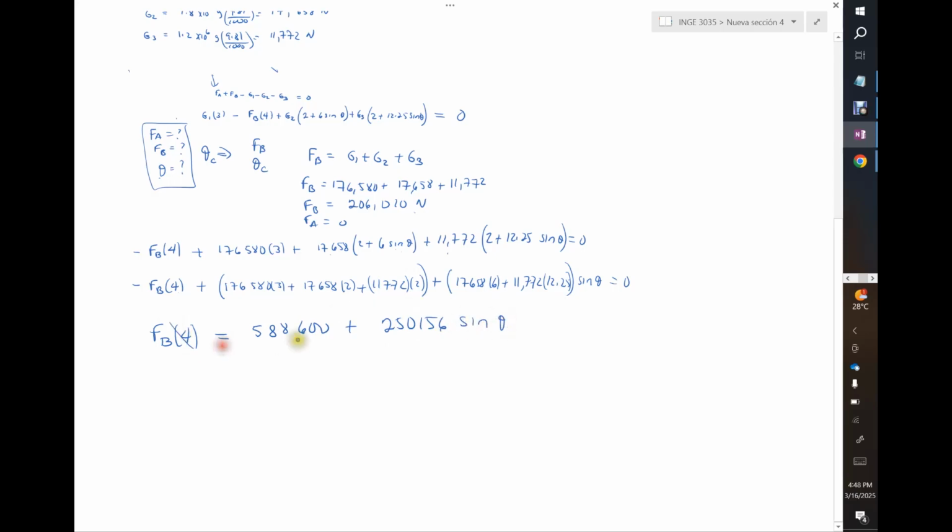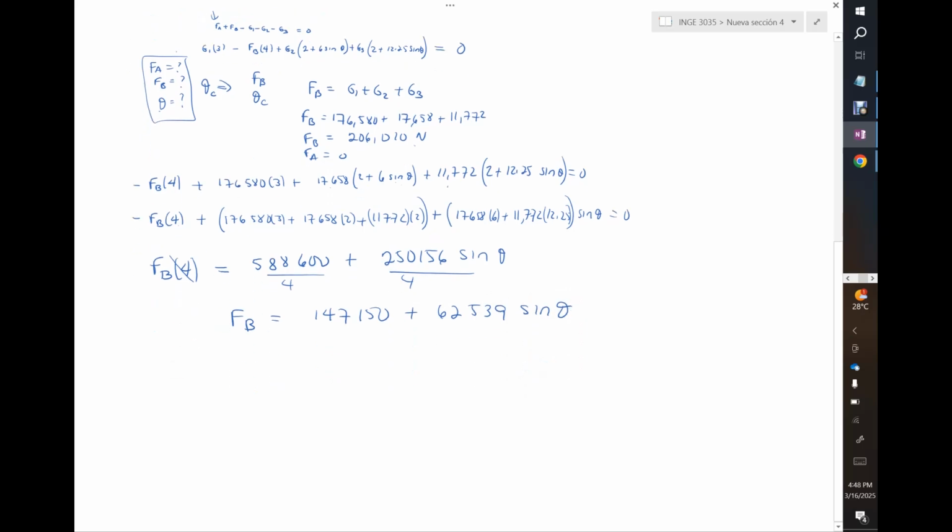If we divide by 4 everybody, we end up that FB is equal to 147,150 plus 62,539 sine of theta. All right, wow, that took a while punching all those numbers.